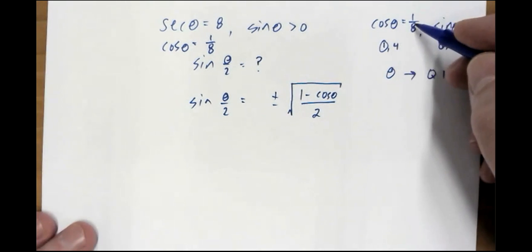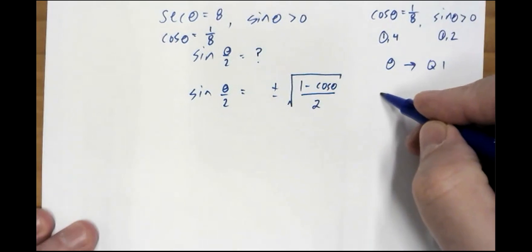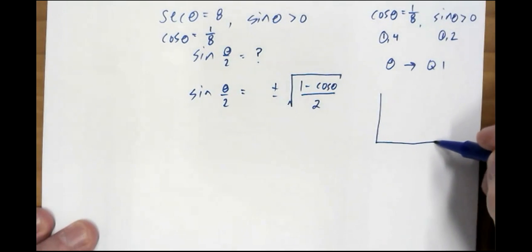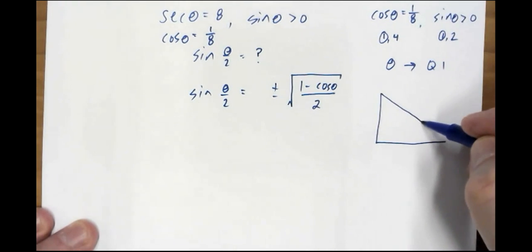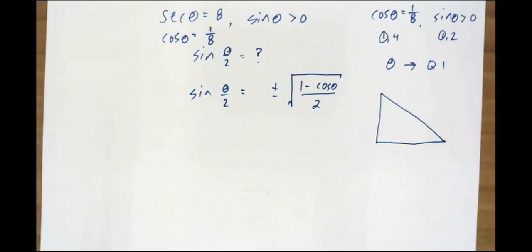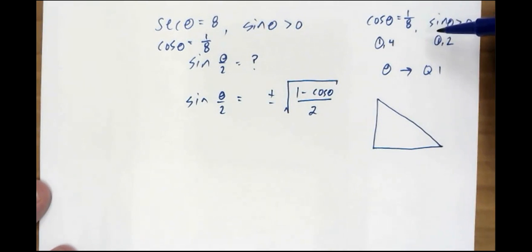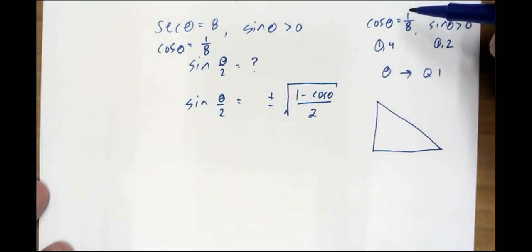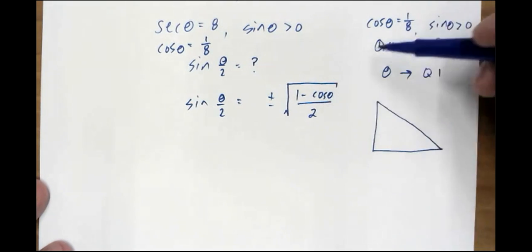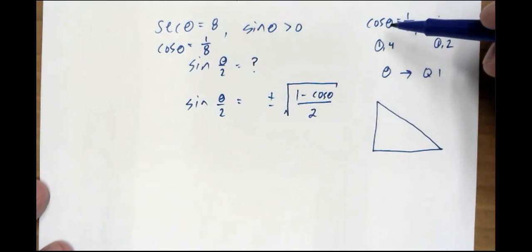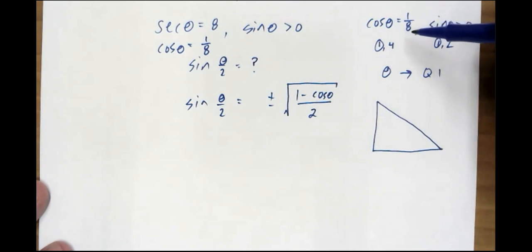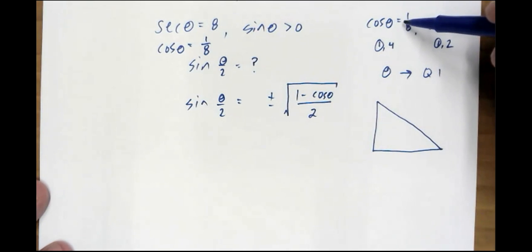So now I'm going to take this information and create a right triangle. Although, you know what? Actually, I don't even need to create a right triangle. You know why? Because for this formula, I need the cosine of theta. And I already have the cosine of theta.